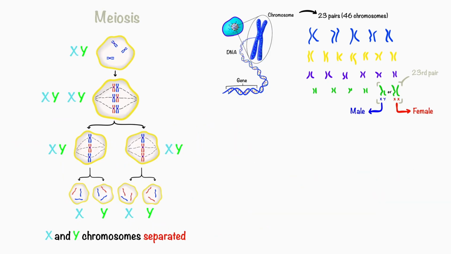During gamete formation, something important happens. When making sperm cells, the X and Y chromosomes are separated during meiosis, the special cell division we discussed in a previous episode. This separation means that each sperm cell gets either an X chromosome or a Y chromosome, never both.